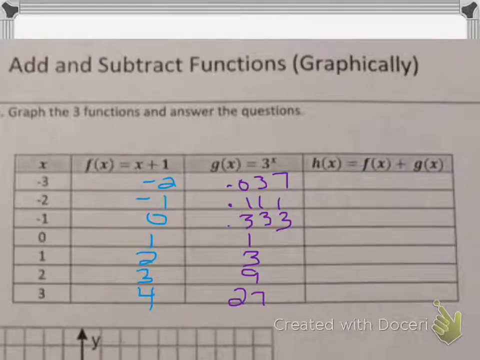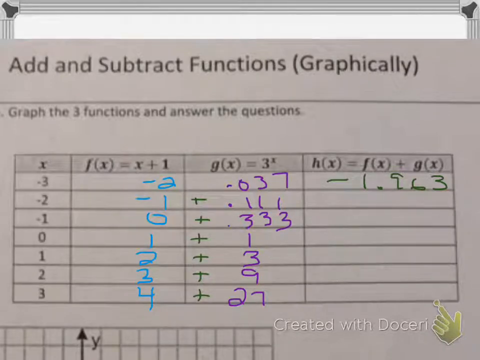So now what I'm going to do is take those function values that we just found and add them together into a third function. So we're going to do -2 plus 0.037, and I get -1.963. Really what I'm doing is just adding these two numbers together all the way down to get that third column with the numbers.